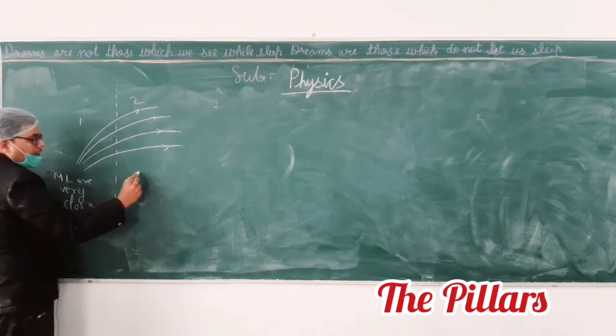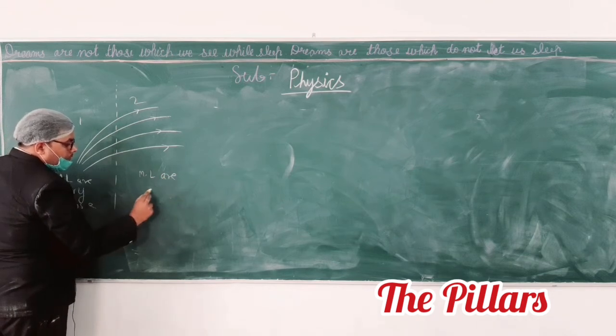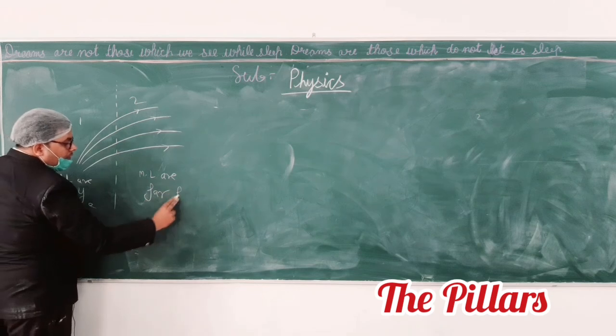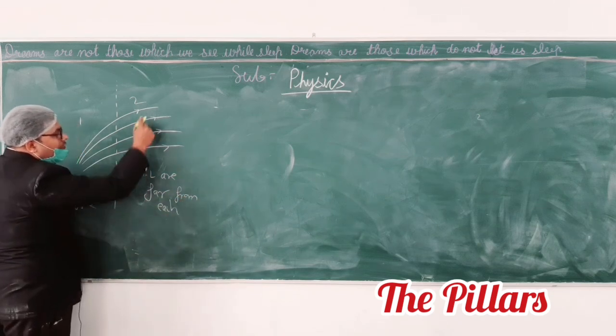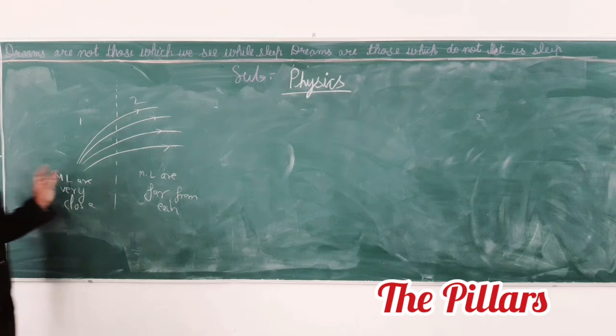Here the magnetic lines are far from each other. So strength will be less here, strength will be more here. This type of example they can give you. Is it okay to all of you?